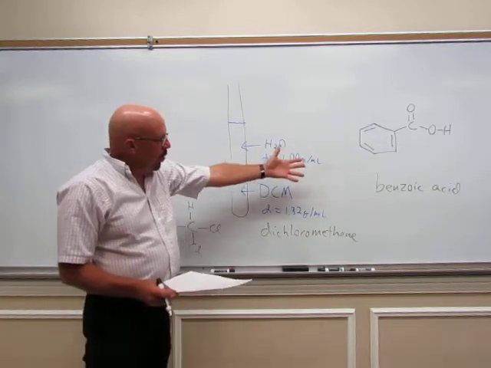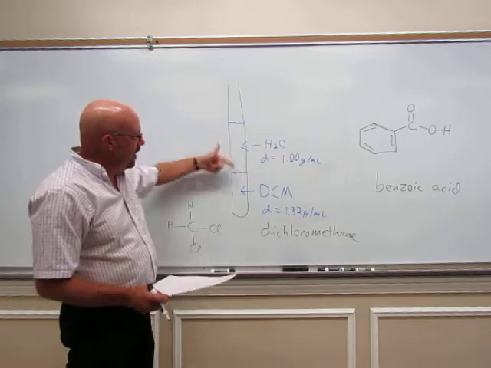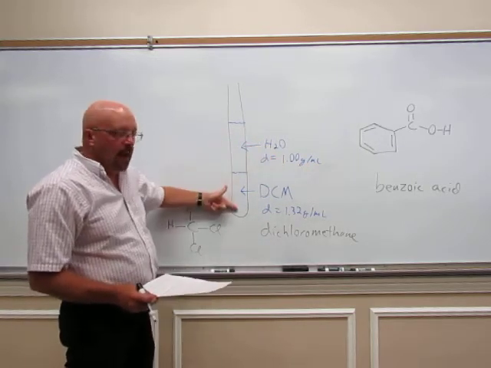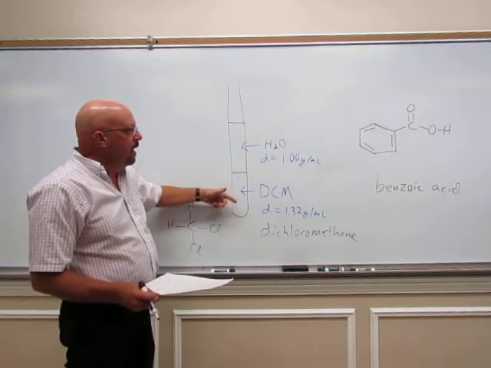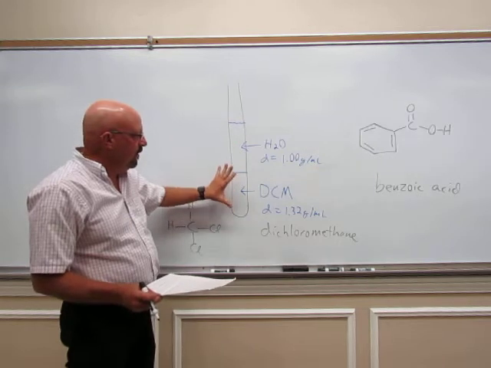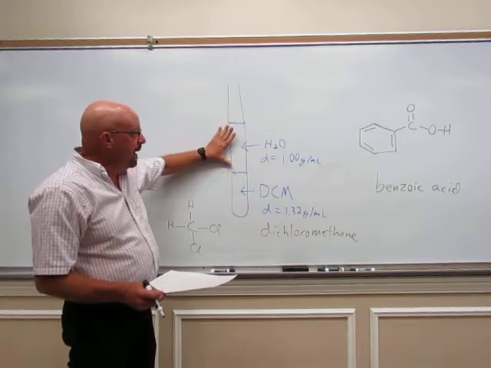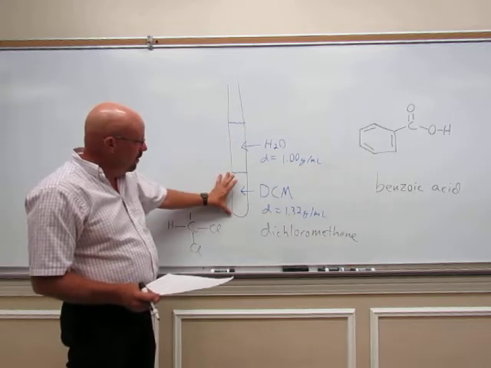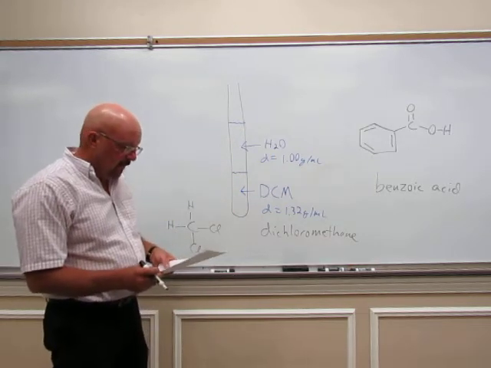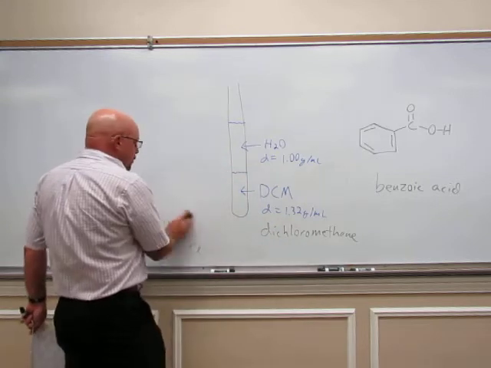Okay, so we're looking for the distribution of the benzoic acid between the water and the dichloromethane. Now, benzoic acid prefers to dissolve in the dichloromethane, but some of it will be in the water layer, but the majority of it will be in the dichloromethane layer. So we're going to calculate a distribution coefficient.